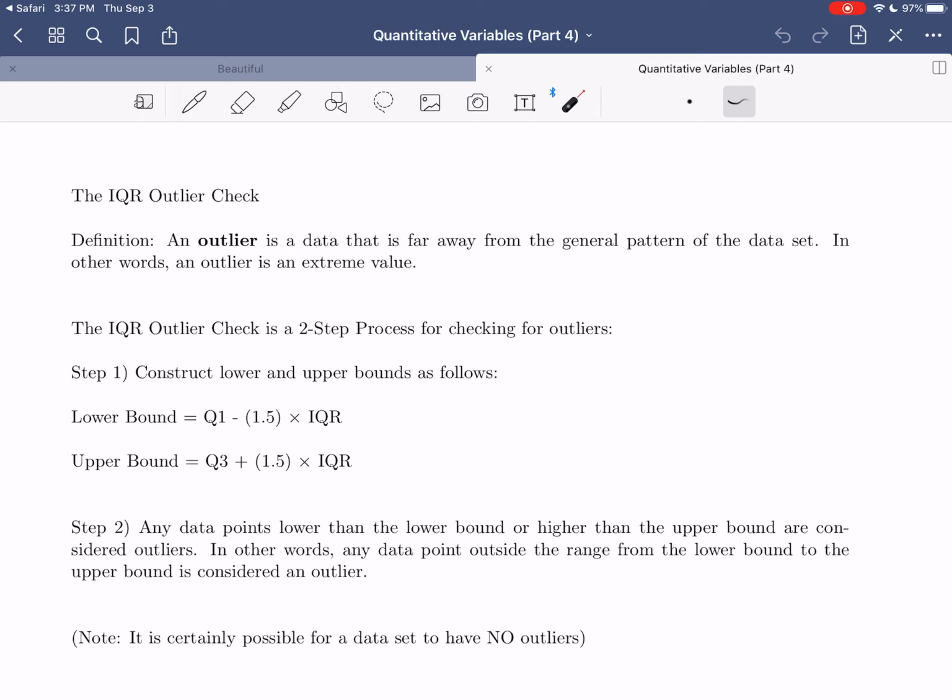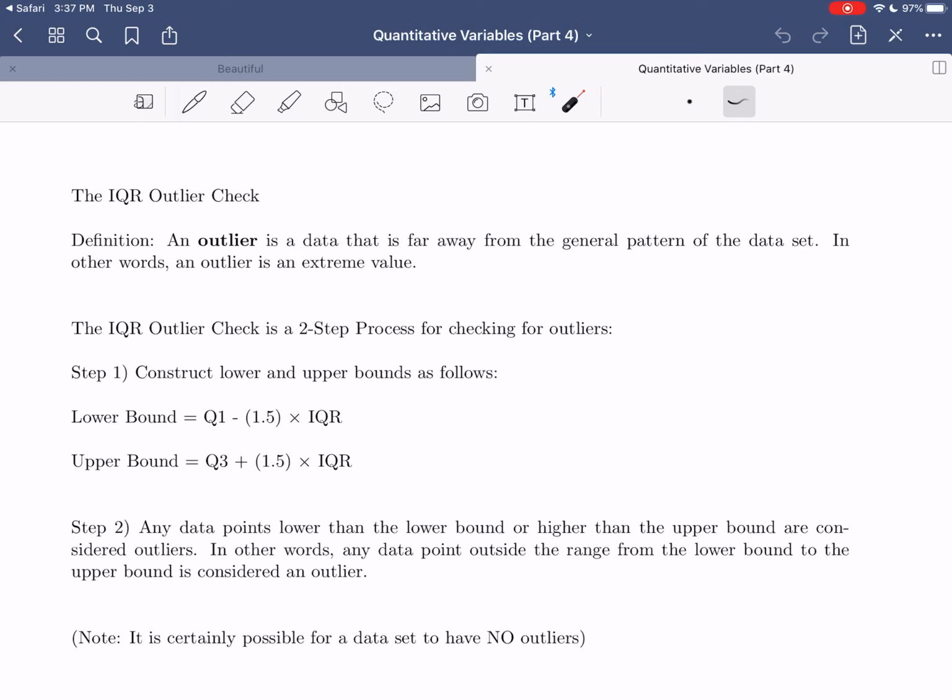Because if you're using something to see if there are extreme values, you don't want that same thing to be sensitive to extreme values. So we're using something that, even if there are extreme values, won't get too affected by those extreme values. So it's the perfect thing to use to check for them.